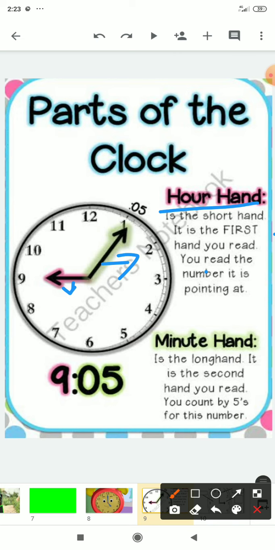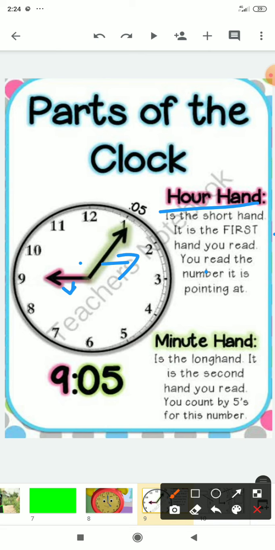So children, if you see this picture, the short hand is the first hand that we will read, and in this clock it is pointing at 9. Whenever you learn about the time, about the clock, we will start with the hour hand.